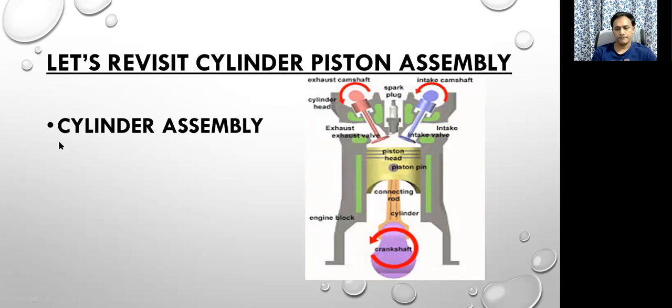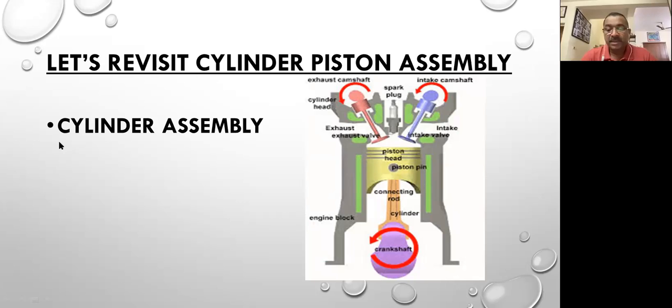So we will make a revisit of our cylinder piston assembly here. You can see a cylinder, piston, connecting rod, crankshaft, all these things we have discussed. And at the top, we have what we call the cylinder head.